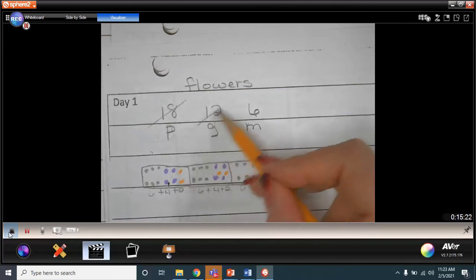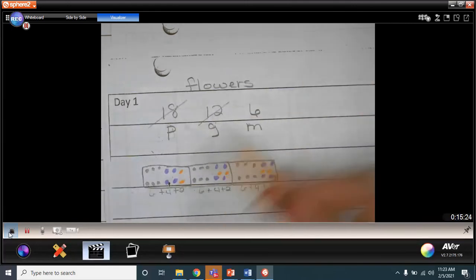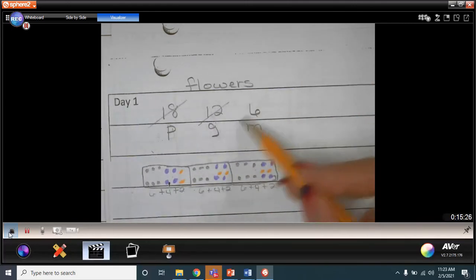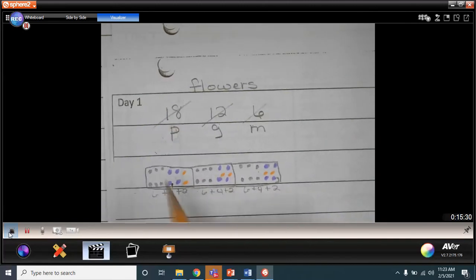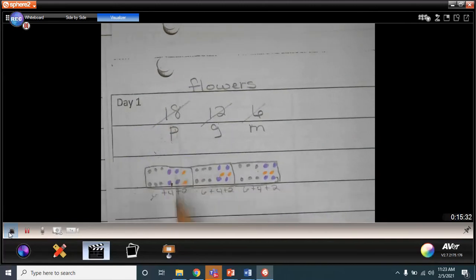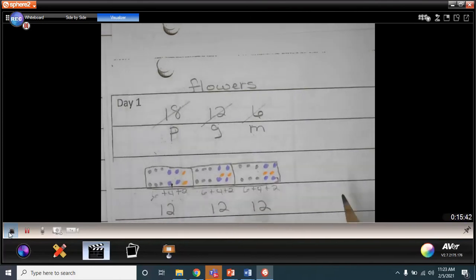So I partitioned those, or divided those equally, and now I divided my 6 marigolds equally. Now, there's 6 pansies, 4 geraniums, and 2 marigolds in each pot. So that gives me 12 flowers in each pot.